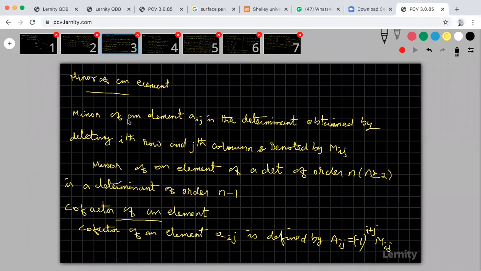The minor and cofactor we have already discussed. We can find the minor and cofactor of all the elements of the determinant, but the determinant must be at least 2 cross 2. For a 1 cross 1 determinant, we have only one element, and it is not possible to find the minor and cofactor for that one element.